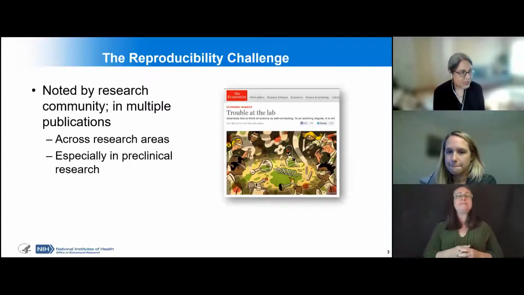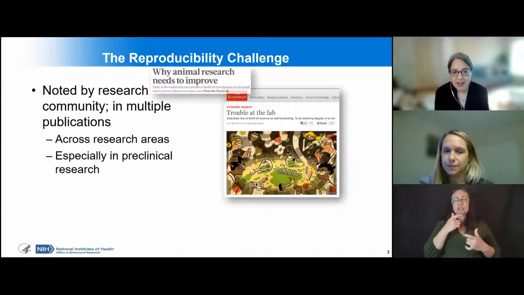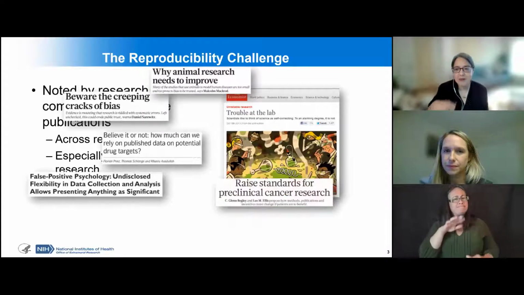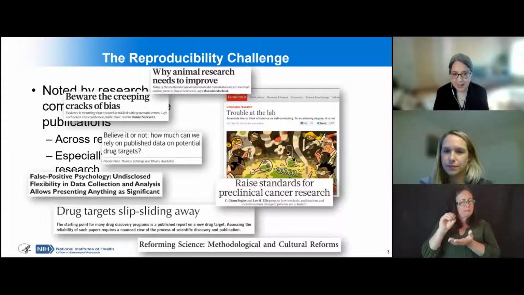Okay, so the reproducibility challenge. This is something that we've been hearing across the media, as well as amongst our researchers. The initial concern with reproducibility came about, I would say, around 2011 to 2013. There were a couple of drug companies that were trying to reproduce data in order, of course, to go on to develop drugs.